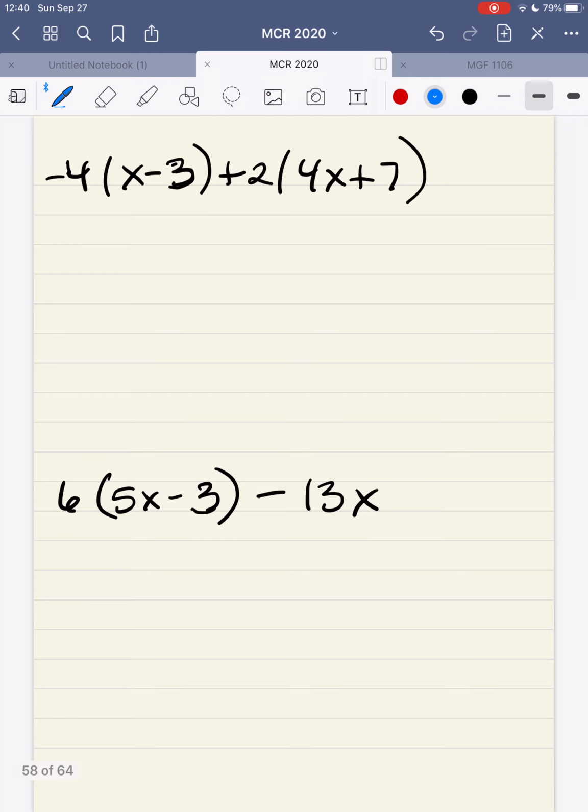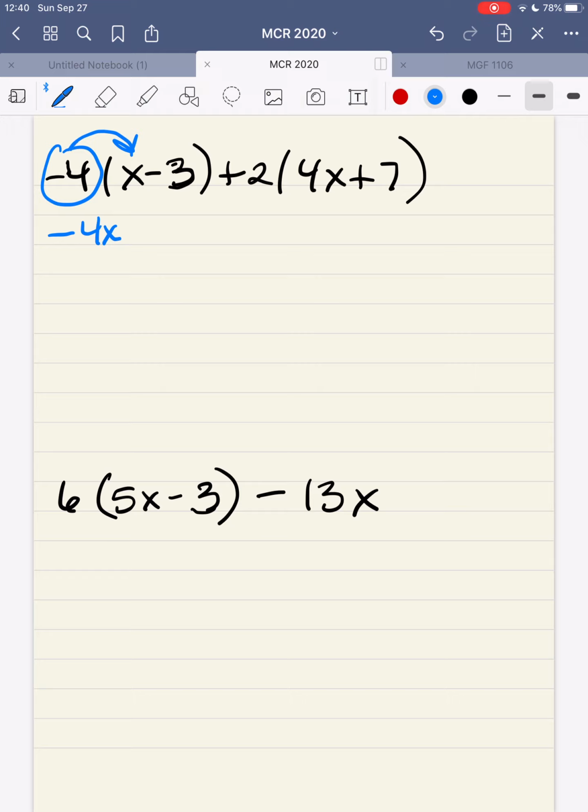Looking at something that's a little longer, here we have 2 sets of parentheses, and so we're going to have to do 2 separate sets of distribution. I'm going to take the negative with my 4 as I distribute this. It makes my life easier. And I have a -4 times an x, which is a -4x.